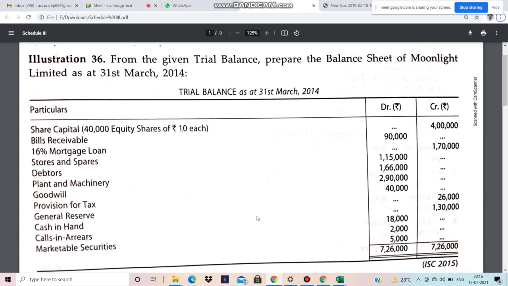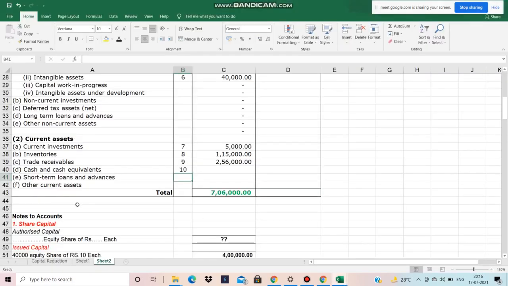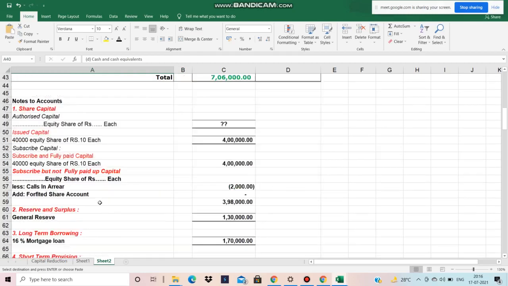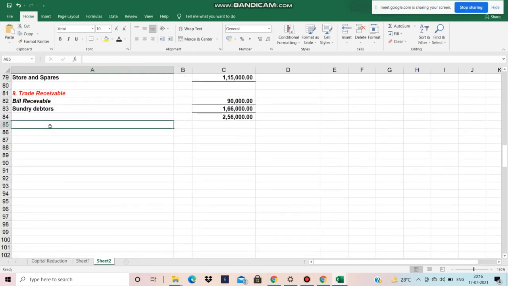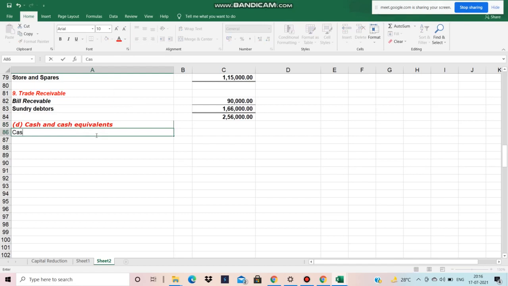So only the cash in hand is there. So cash and cash equivalent. Under this head, cash and cash equivalent, cash at bank, cash in hand are there.